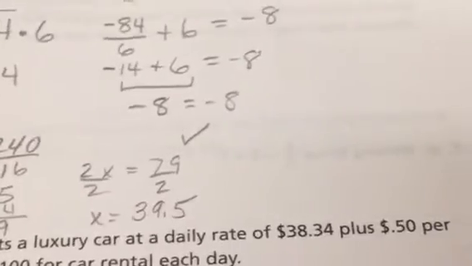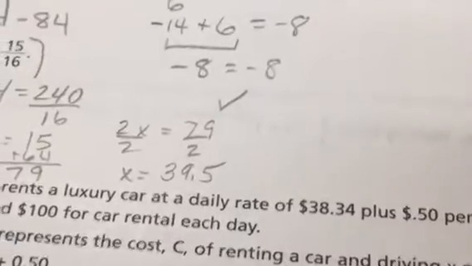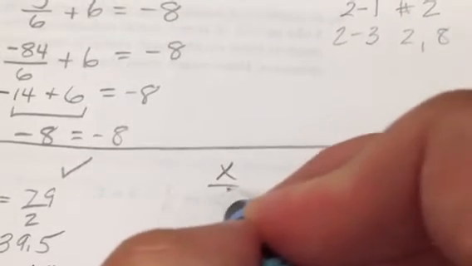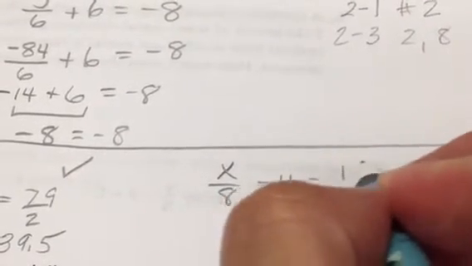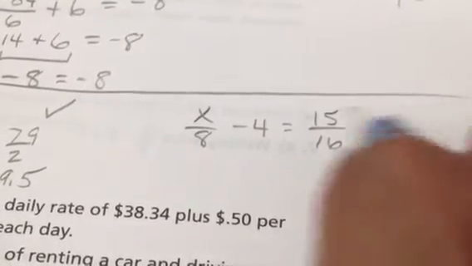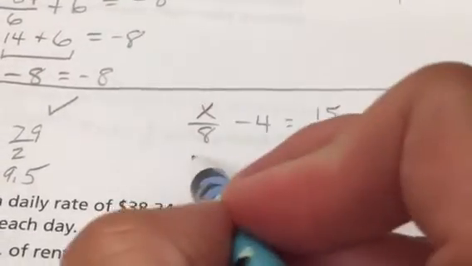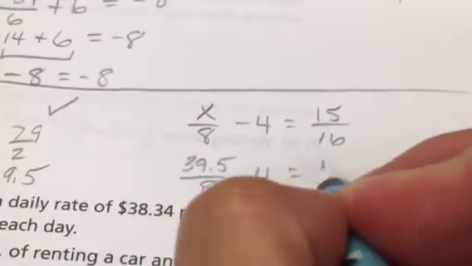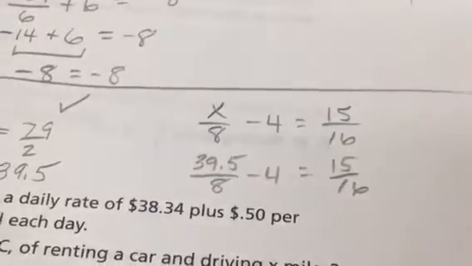Okay, so now we're going to do our check. In order to do the check, we're going to use the original equation, which was, make a line here, x divided by 8 minus 4 is 15 over 16. So we're going to substitute in our 39.5 over 8 minus 4 is equal to 15/16.